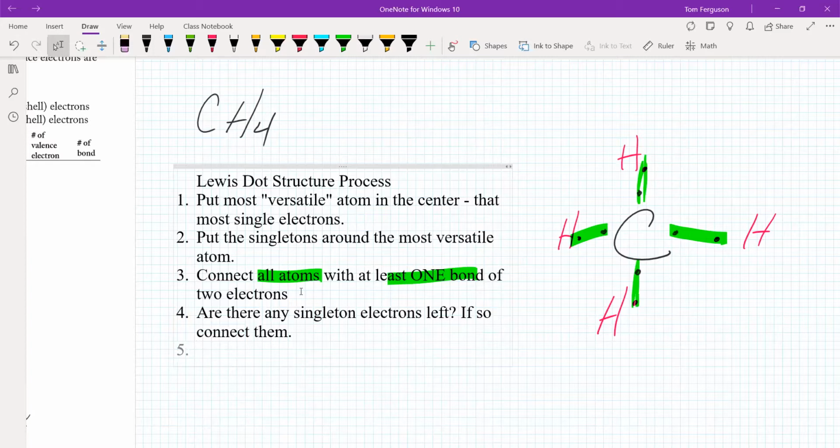Step 5 is check to see if each atom has a full shell of electrons.